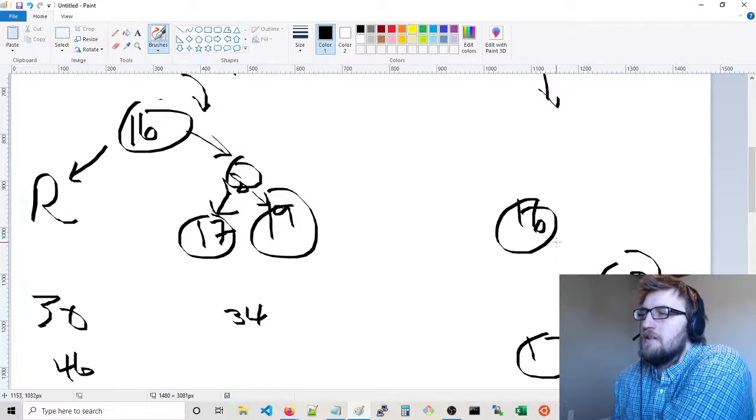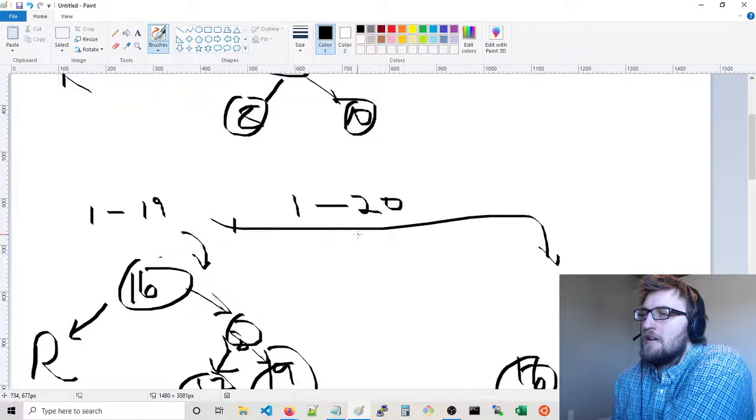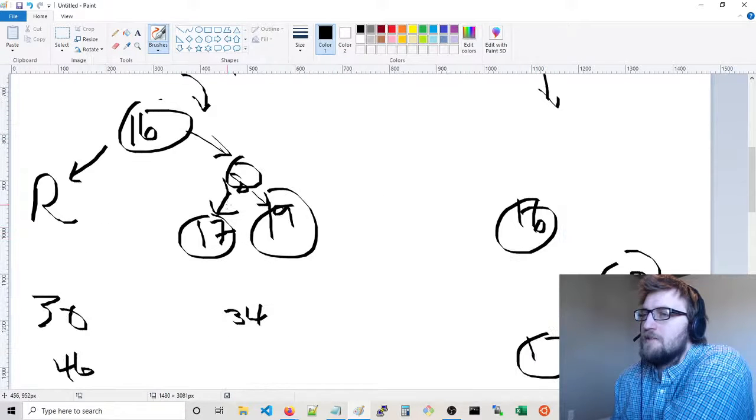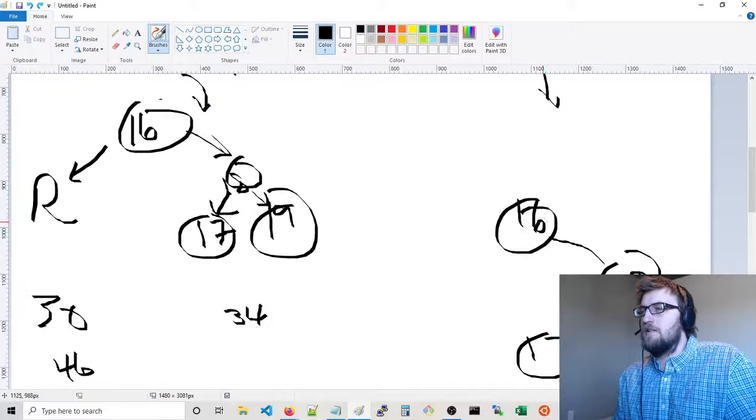No, not 16. Does it work? How does this work? I think it is 16. But then we could put something here, which is not 16. I'm sorry.